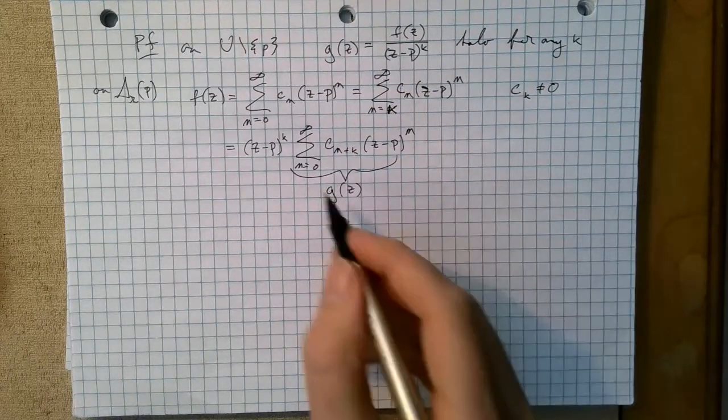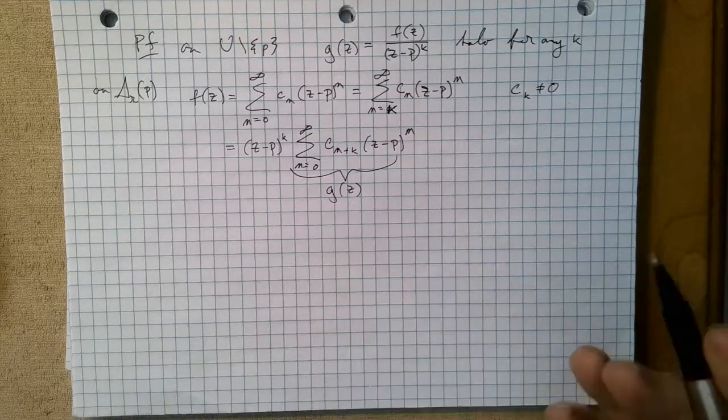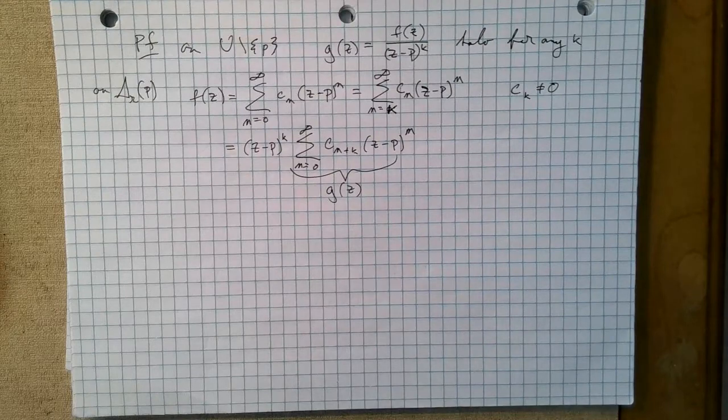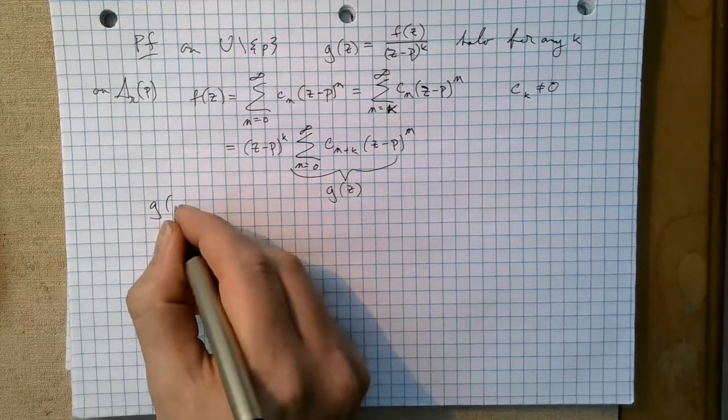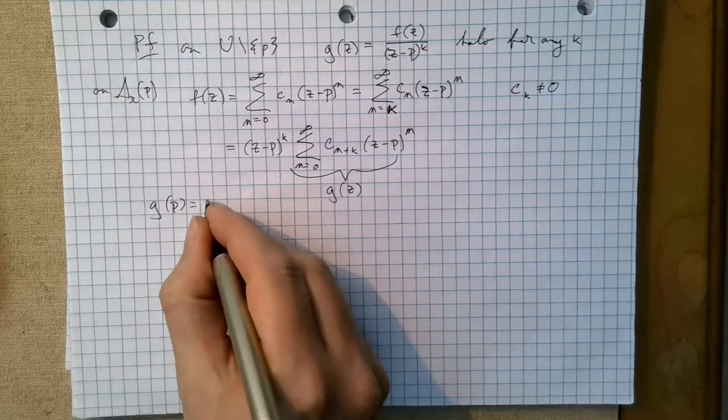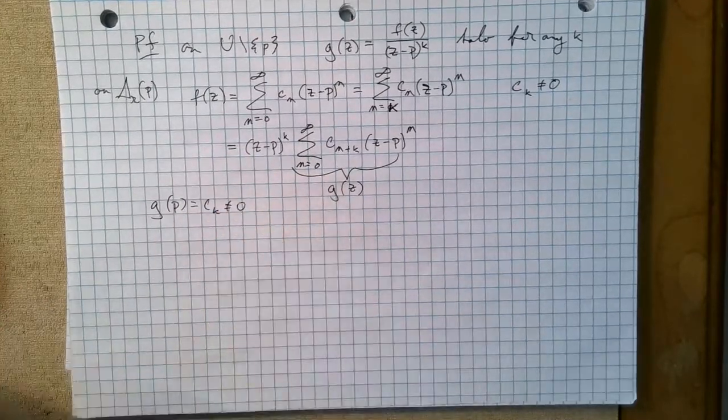We define it by this formula in the punctured disk, well, actually in the whole disk, even at p, g of p is c_k, so it's not 0, right? So we don't have a problem with that.